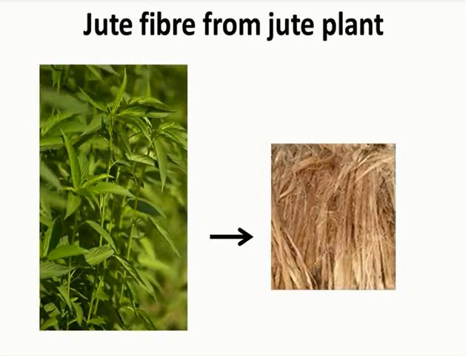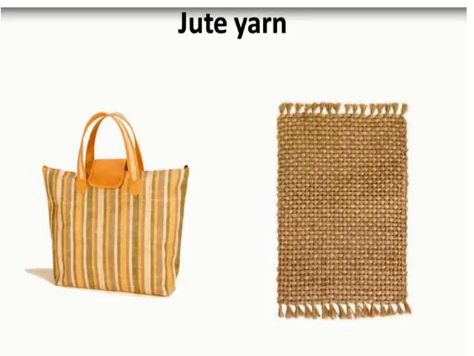Also, we get jute fiber from the stem of jute plant. Jute is used mainly for making gunny bags. Besides that, it is also used for making carry bags these days, for ropes, for mats, and for mattresses as well.